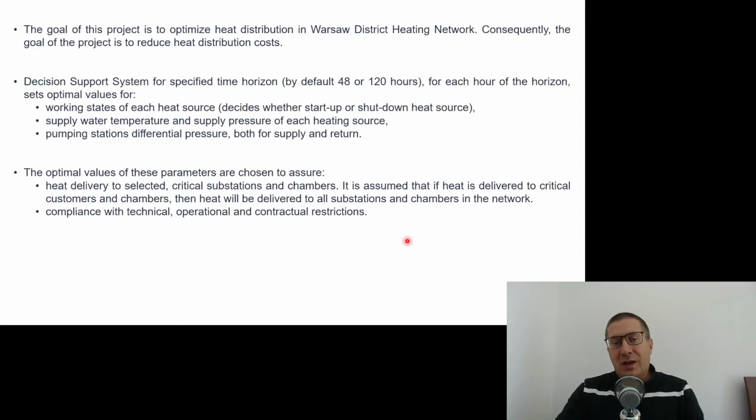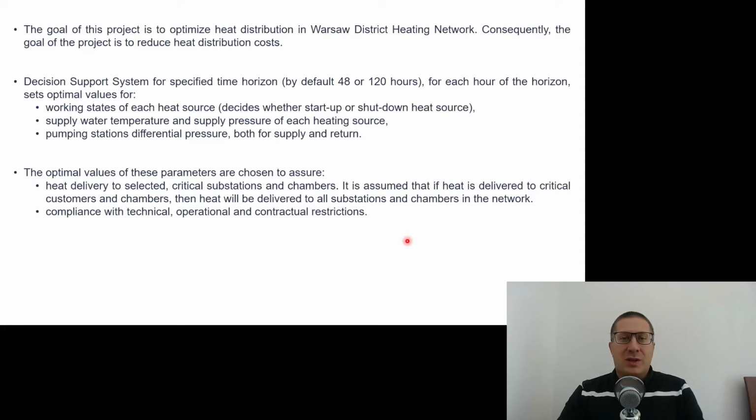Moreover, the algorithm decides which plant should operate, especially which peak load heat source should be started and when. Maybe today at 7 p.m. we should start this heat source, or maybe during this night we don't need to use the peak load heat source.